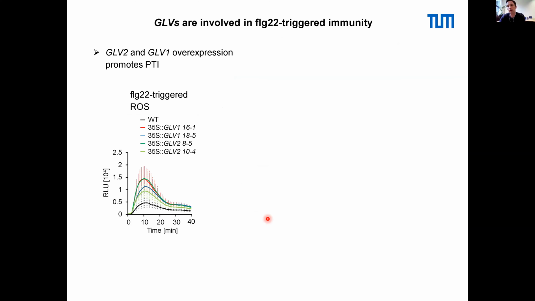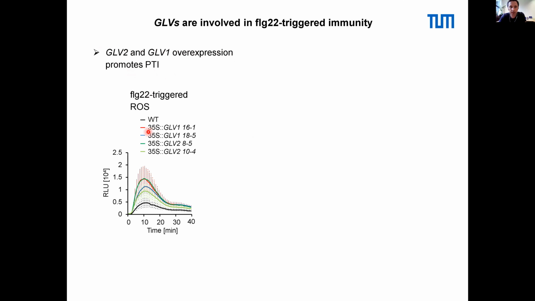So first of all, we were interested to test whether indeed Golvan1 and Golvan2 may be involved in flagellin or FLAG22 triggered immunity. We first did this by analyzing overexpression lines, which overexpress either Golvan1 or Golvan2.